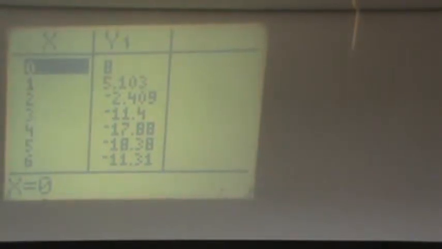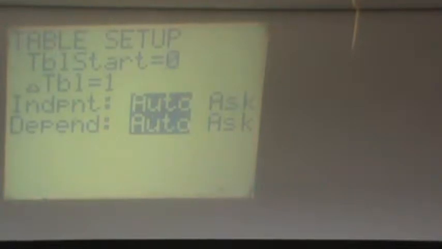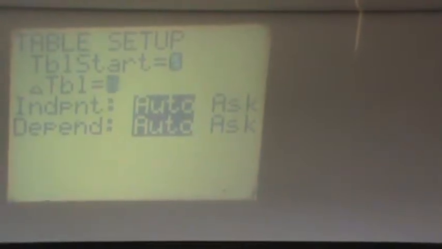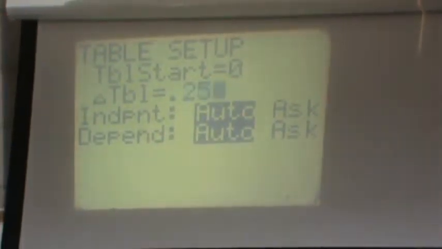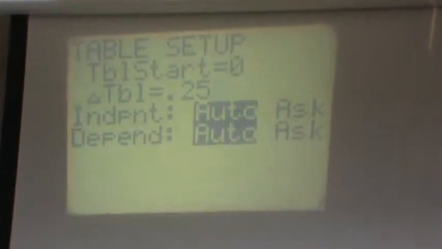There's the table. So table set. Table starts at 0, delta table 0.25, independent auto. And so here, what if I put square root of x plus 1?